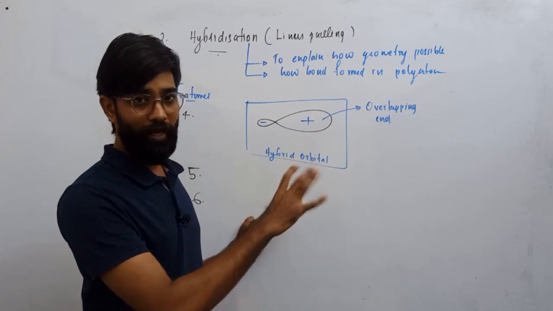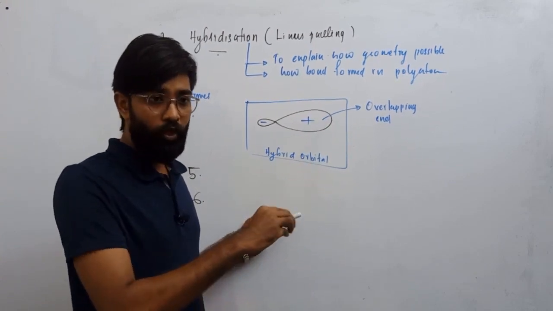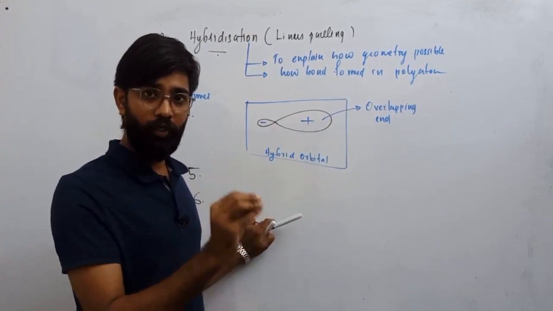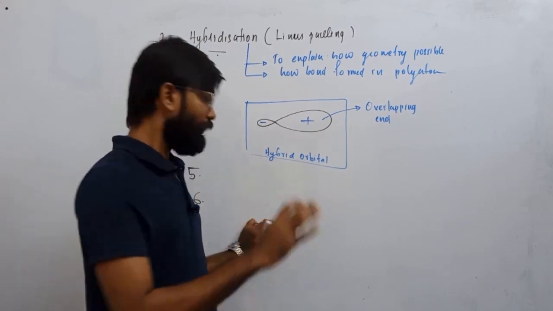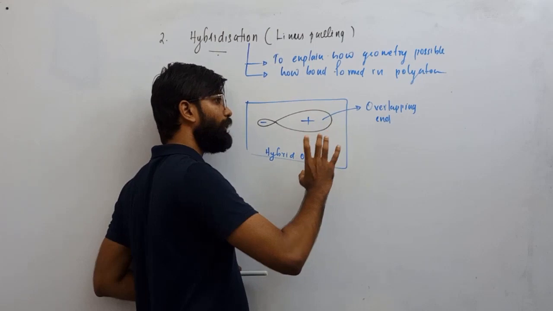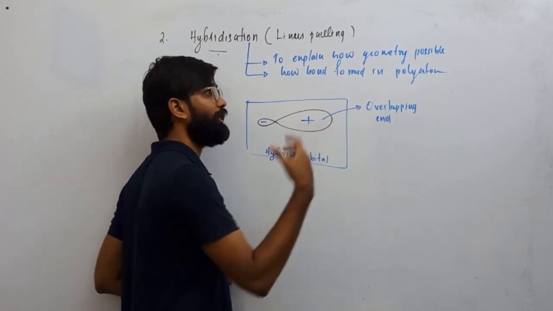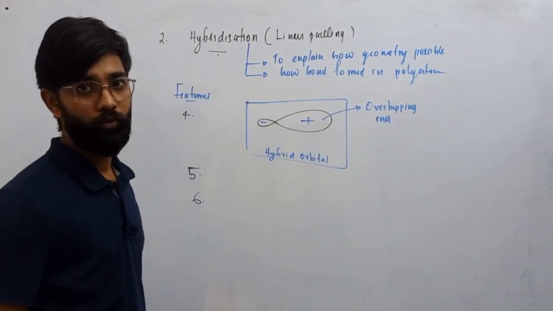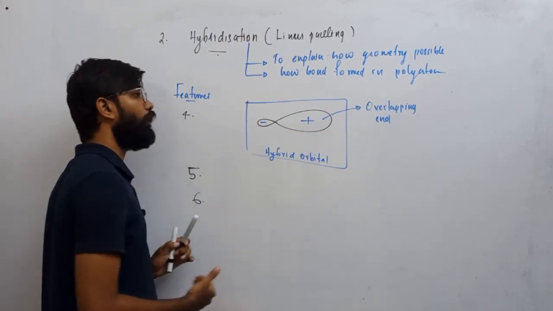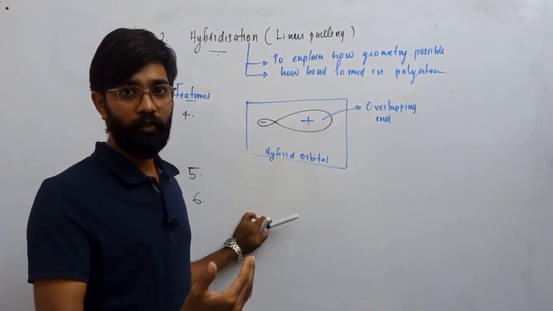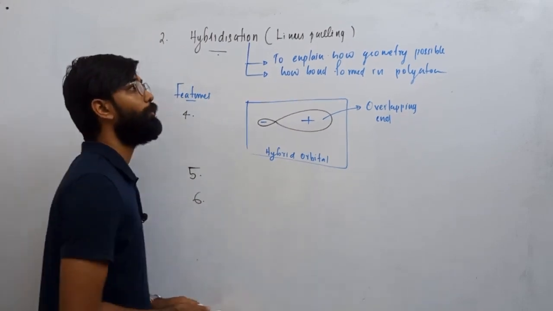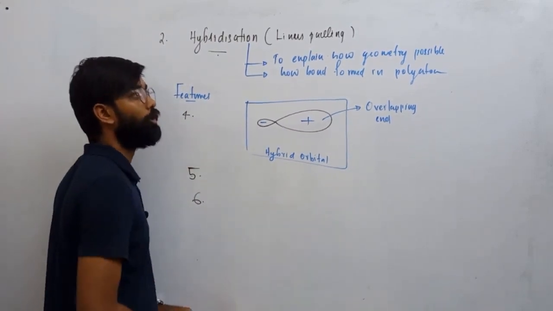We already discussed the overlapping of two atomic orbitals and the directional property of such a bond. A bond formed by hybrid orbital overlapping has more directional property than a bond formed by atomic orbital overlapping.